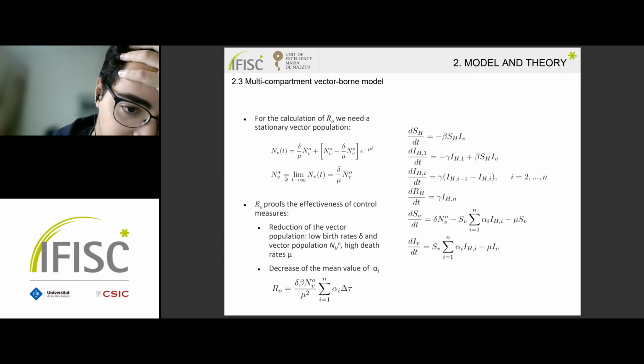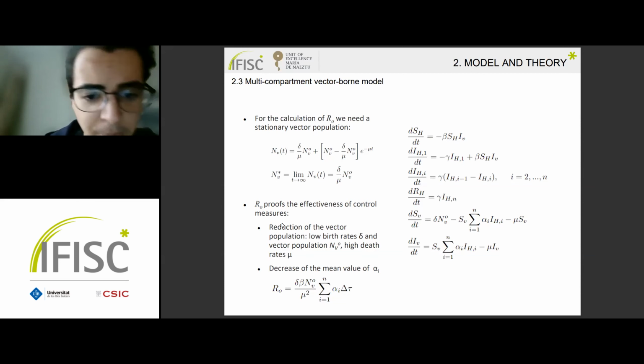In order to have a stationary value for the vector population, we need to take the limit t going to infinity, or we can use equal birth and death rates. That's what we do in the medical study. We take equal birth and death rates, this term vanishes, and we get simply that the stationary value of the vector population is the initial value of vectors.